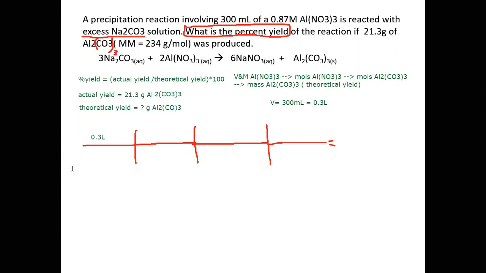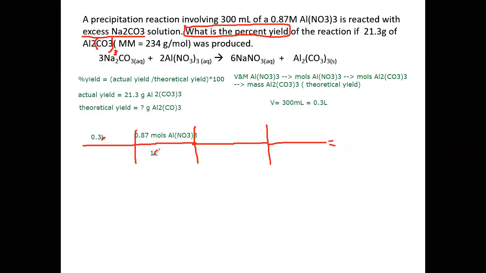That means there's 0.87 moles of aluminum nitrate for 1 liter. Notice here that the liters cancel.